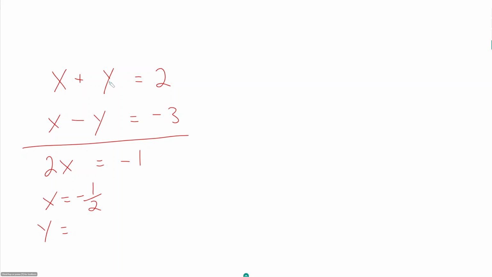So -1/2 plus 2.5 is equal to 2. You can plug both of these in to make sure they check out for each of your equations. That's one way you can solve for equations when you have two or more of them, is by combining them.